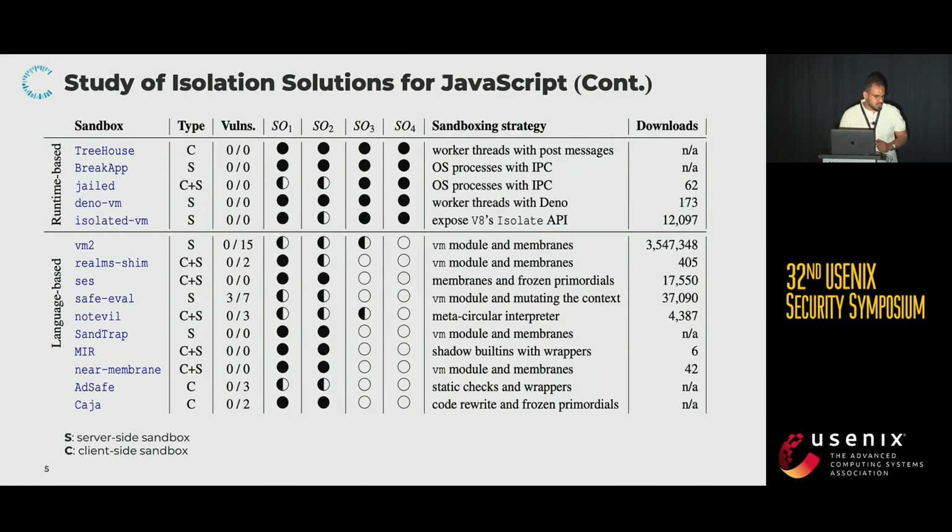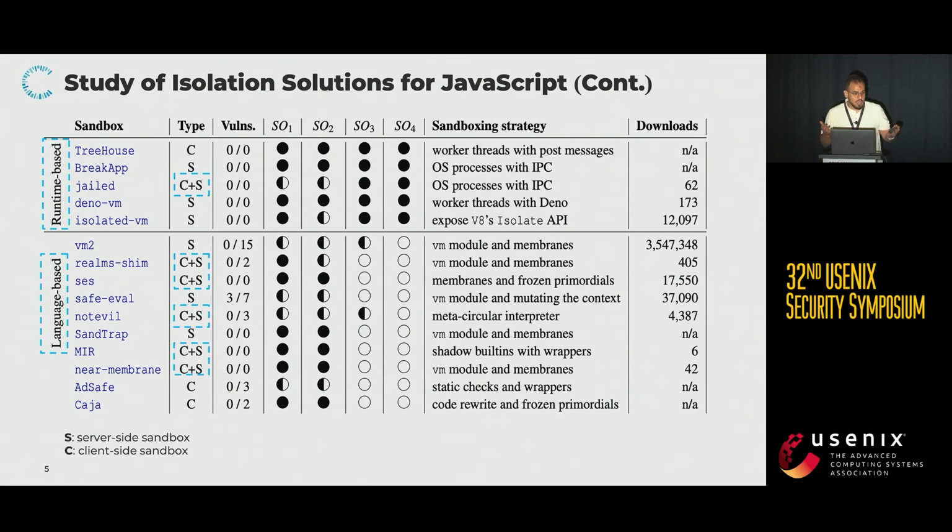The first key point of our study does not stop at this. I'm sorry for this complicated table, but please keep up with me. The first thing we found is that there are two classes of isolation techniques for JavaScript. The first one is runtime-based isolation. The other one is language-based isolation. We also found that language-based techniques can be used for both the client side and the server side.